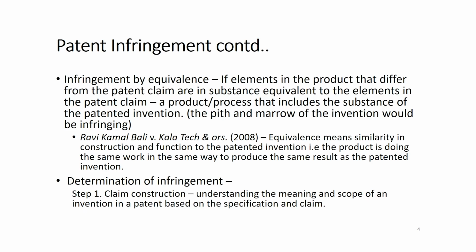A case will be a case other than literal infringement if there is a variant. If all the elements in the patent claim are not the same as in the defendant's product, or if all the steps in a patent claim are not the same as in the defendant's process, that is a kind of infringement other than literal infringement. There is a variation.